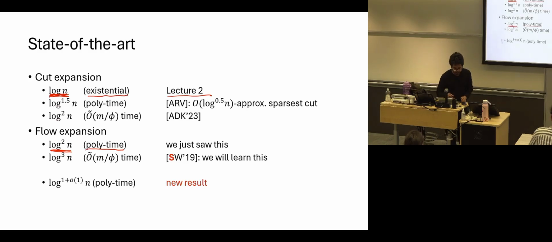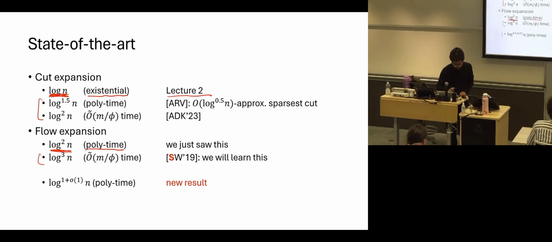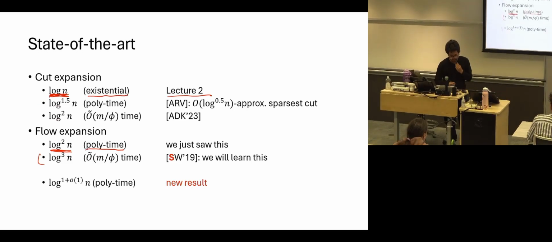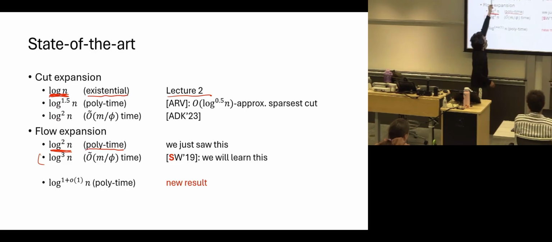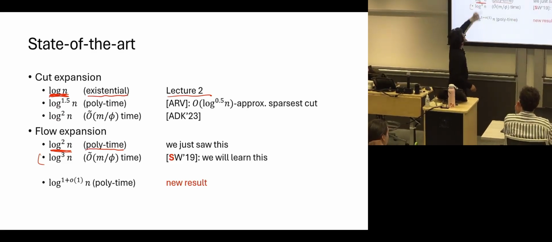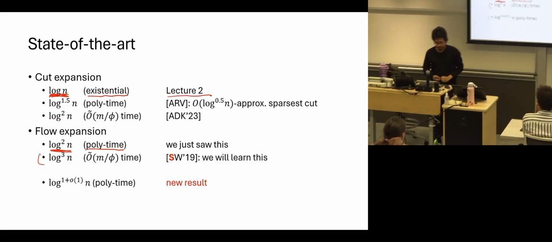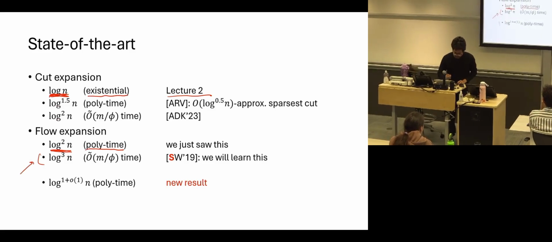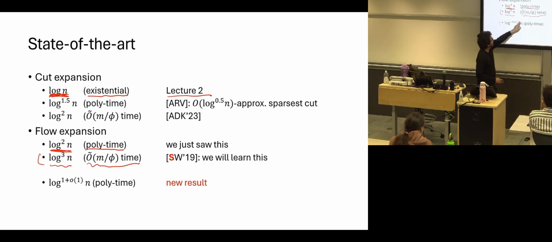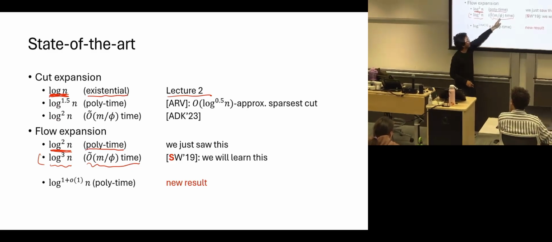And previously, there were some algorithms that tried to make it faster. You can pay a bit more on the log n and make it faster. And what you will learn in some weeks is that we will see how to get an algorithm that takes just nonlinear time, something like nonlinear in the number of edges over phi.